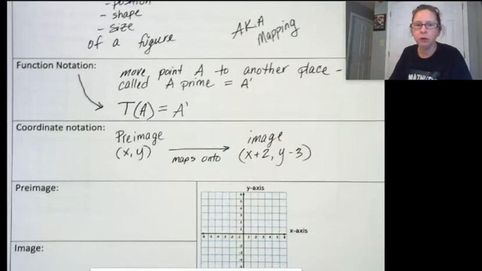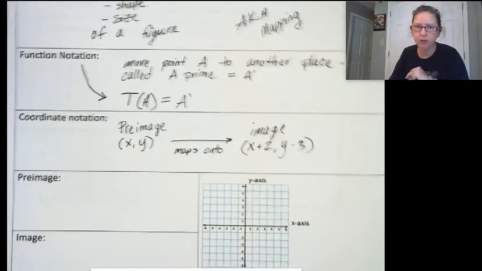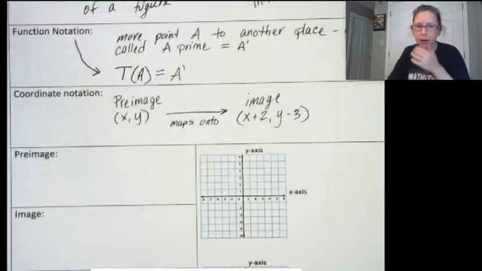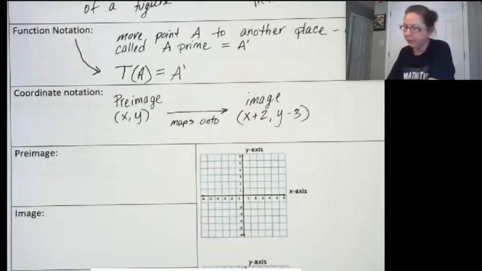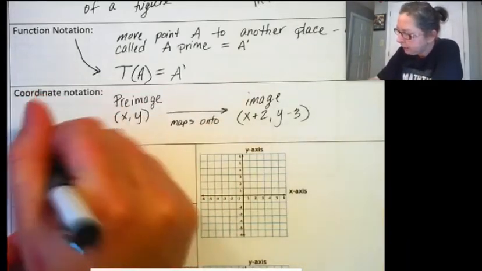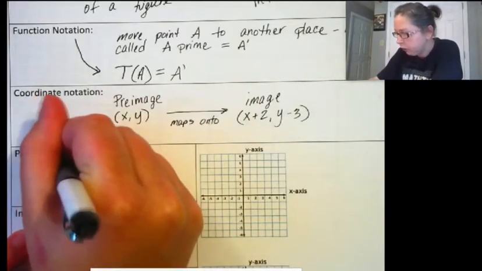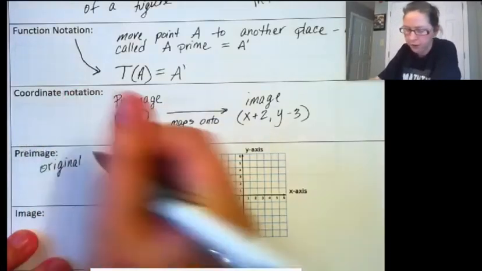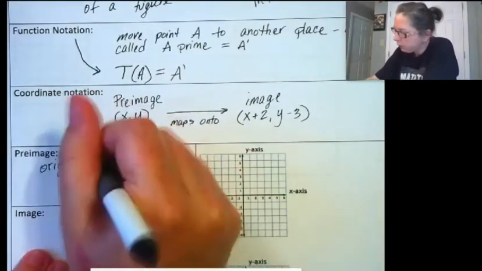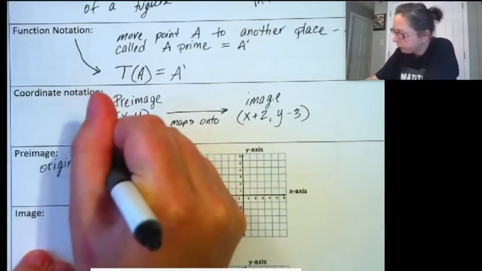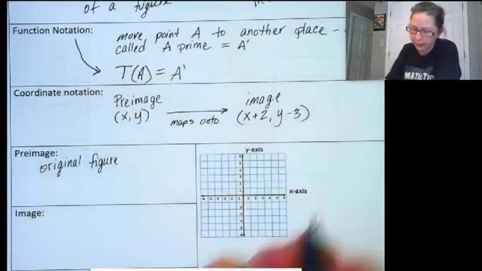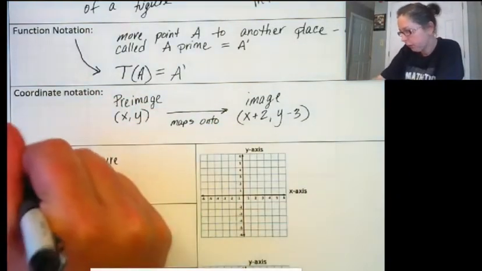So I use two words, image and pre-image, but what do those mean? Okay. So a pre-image is an original figure. Or you could say it's what you start with.